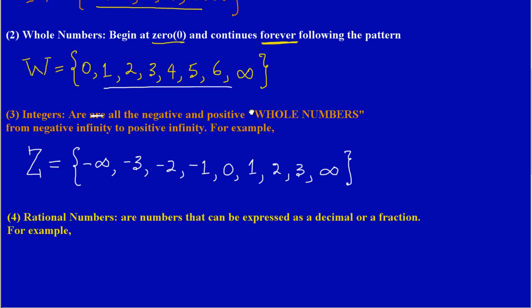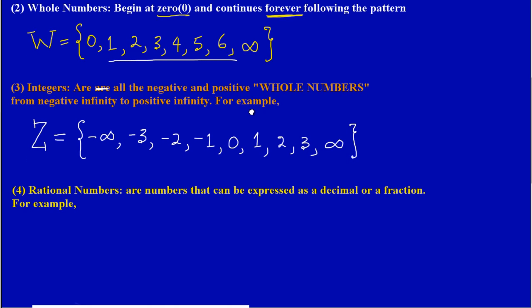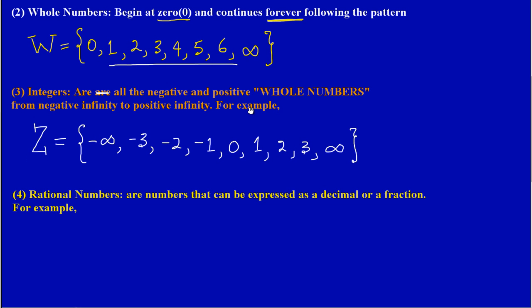Let's look at the fourth set of numbers quickly. This set is called the set of rational numbers, okay? And the set of rational numbers are basically numbers that can be expressed as a decimal or a fraction.